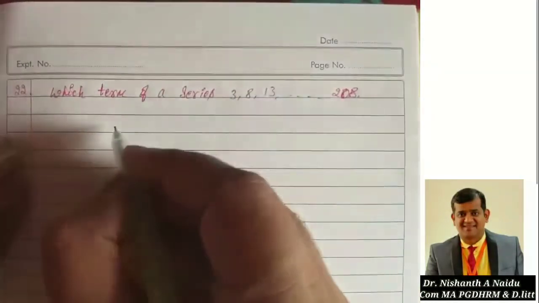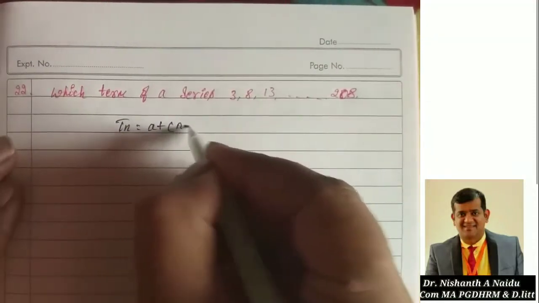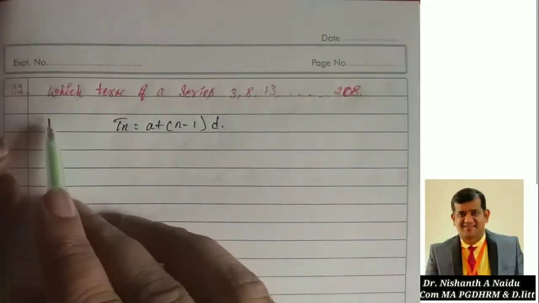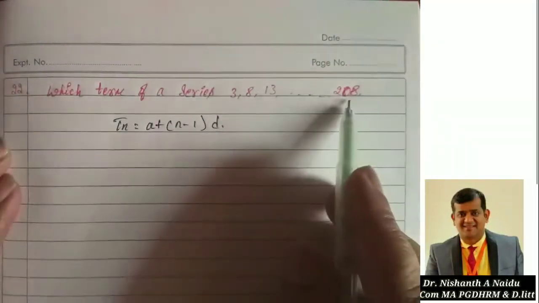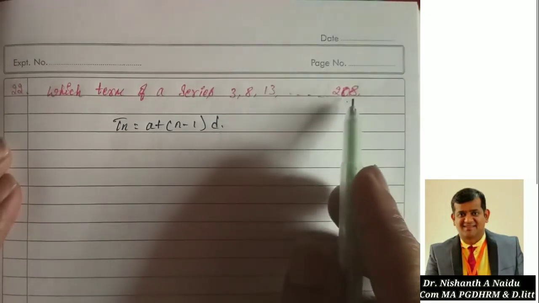So the formula you all know: Tn equals A plus N minus 1 into D. So N is the term of the series we are supposed to find. Tn is 208. Okay, the last term is 208.